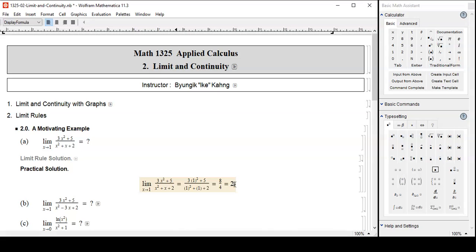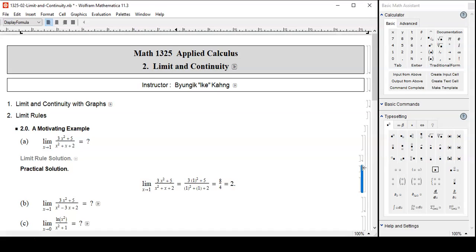I changed the problem a little bit. x squared plus x plus 2 now, and then now we have lone x showing up there, and plus 2. And I can plug in x equals 1, and then 2 stays 2. And this part over here, those are due to trivial limit rules. And that one too, that too is coming from the trivial limit rule.